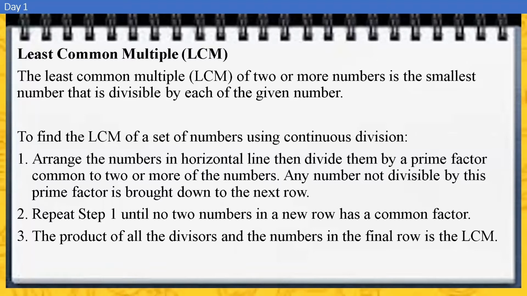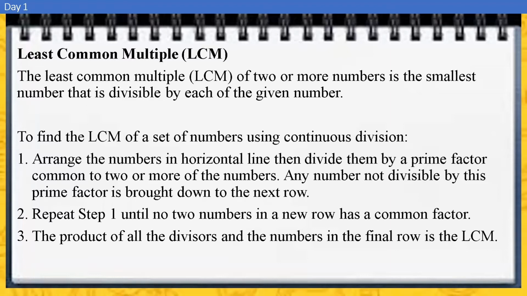Then we divide them by a prime factor common to two or more of the numbers. Any number not divisible by this prime factor is brought down to the next row. Then repeat step 1 until no two numbers in a new row have a common factor. After that, the product of all the divisors and the numbers in the final row is the LCM.